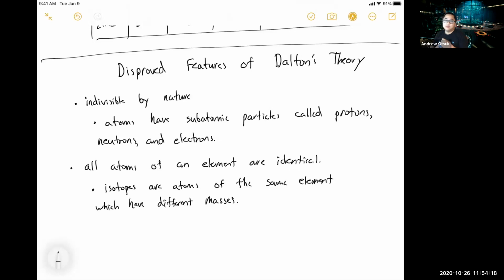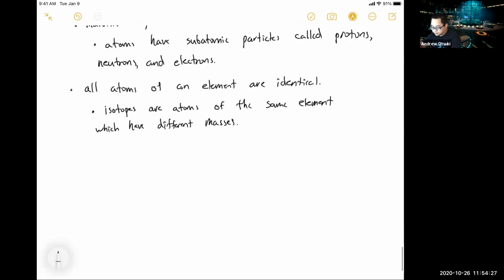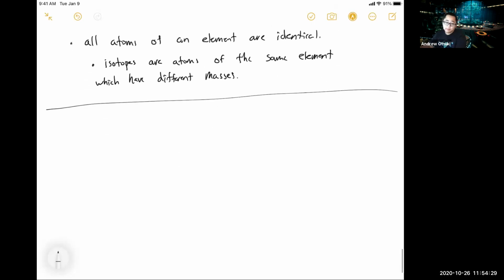So next we're going to talk about atomic mass and what that means. Okay, so atomic mass. The atomic mass unit, or AMU, is the basic unit for measuring mass for atoms on the atomic scale. However, that's not practical to do in a laboratory setting, especially for chemistry.